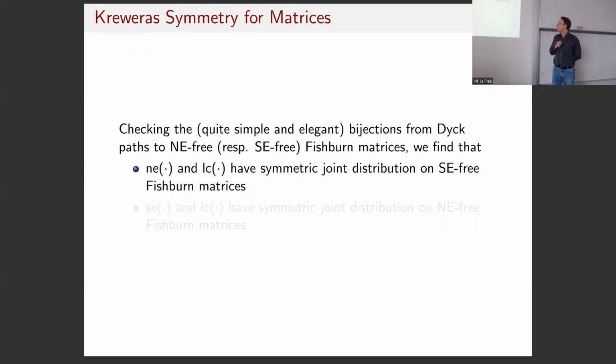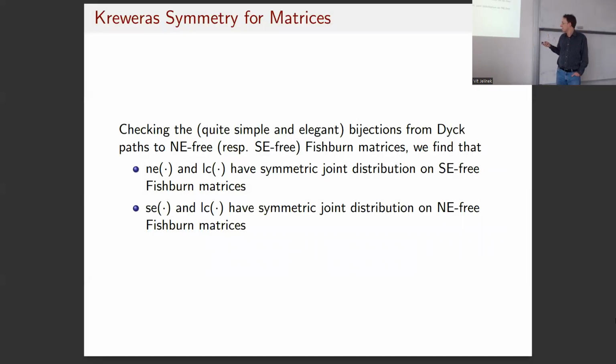And it turns out that now I can take a bijection from Dyck paths to matrices. I will in fact show you the bijections, and it turns out that when you biject from Dyck paths to southeast free Fishburn matrices, then returns and tails will translate into northeast extremes and last column weight.